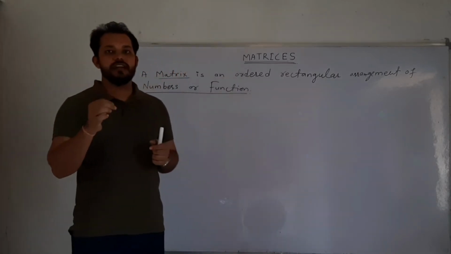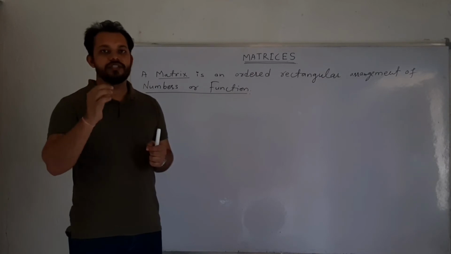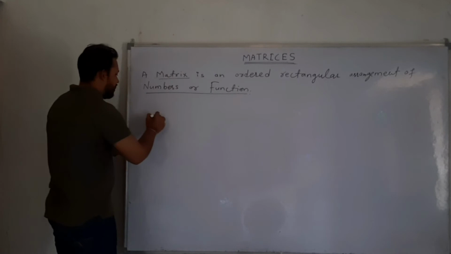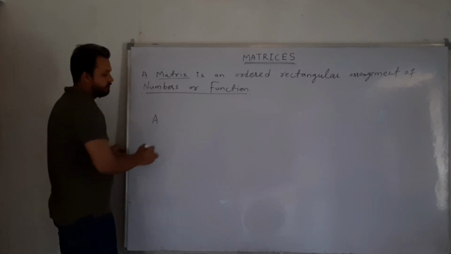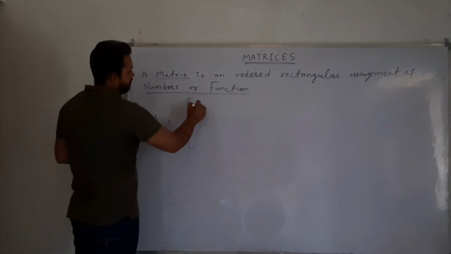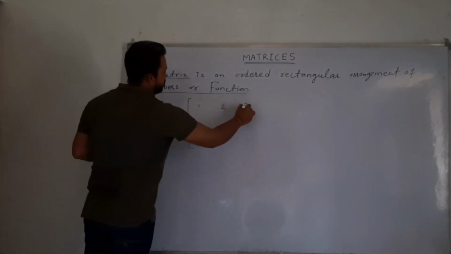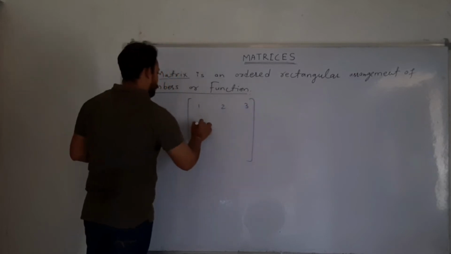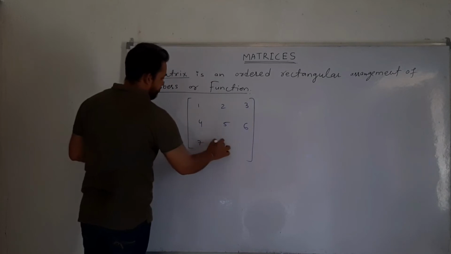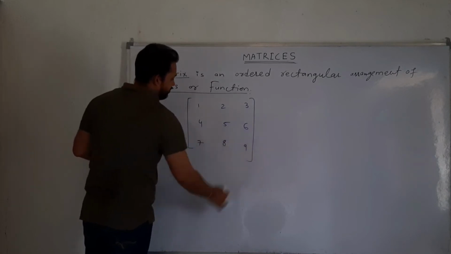Now let us understand the basic terminology associated with a matrix. Suppose we have a matrix A which can be denoted in square brackets as 1, 2, 3, 4, 5, 6, 7, 8, 9.